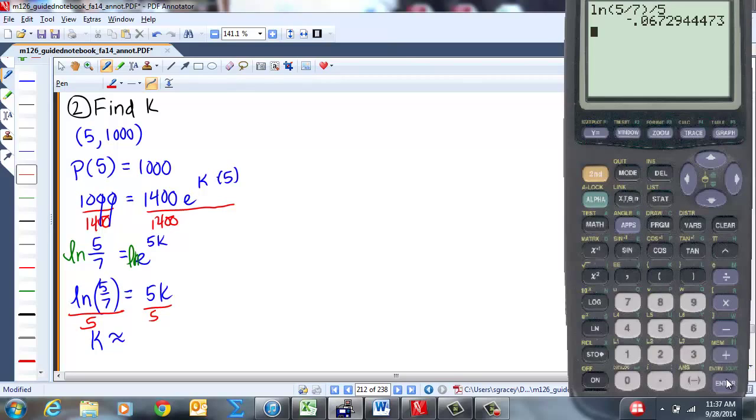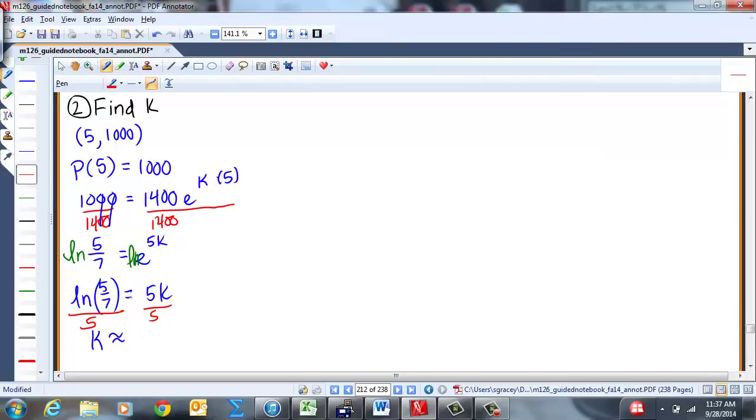So, good, we get a negative, which is one way to check yourself because it needs to be negative for it to be a decay function. So, negative 0.06729, approximately. All right. Oh, I forgot my 0.